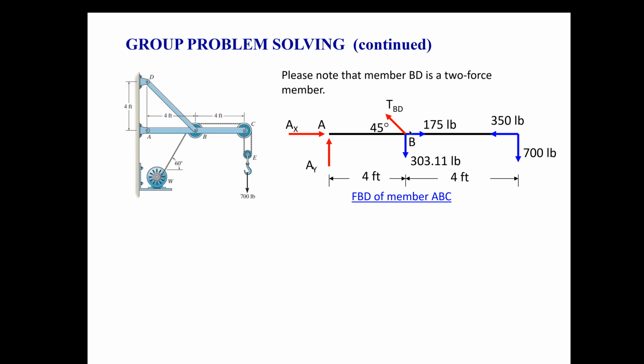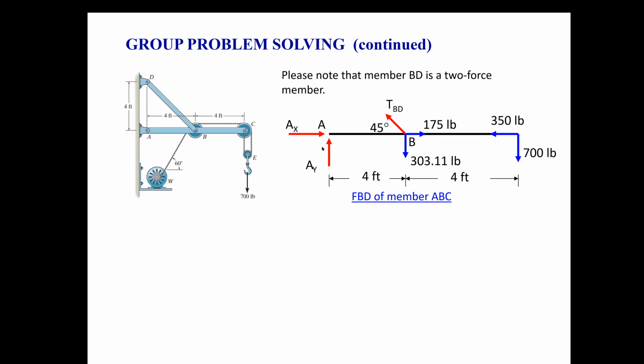And we don't know which direction it is, but we draw this off to the left. And what you'll notice is that you have some forces at this point where it met point B. So we have those forces, the Bx and the By, which we found previously.